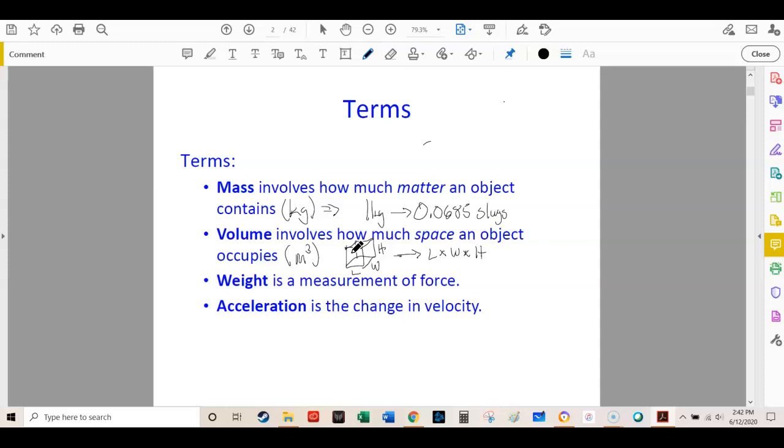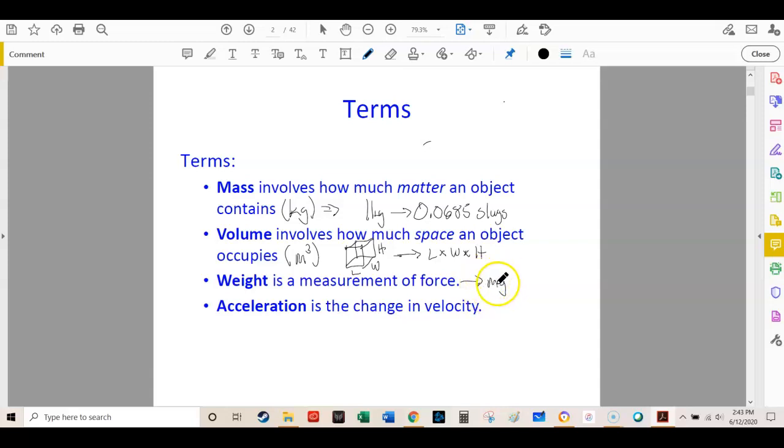All right. Weight is a little bit different. With weight, you have to actually consider an object's mass, but it's mass times the acceleration due to the planet that they're on. As we have learned, the acceleration due to the Earth for objects close to the surface on average is 9.8 meters per second squared.